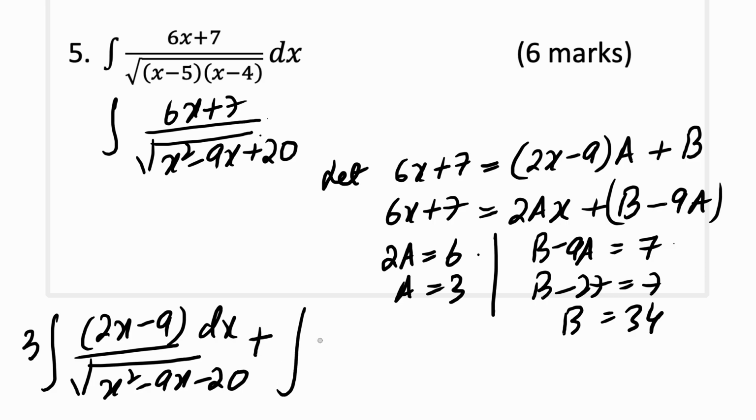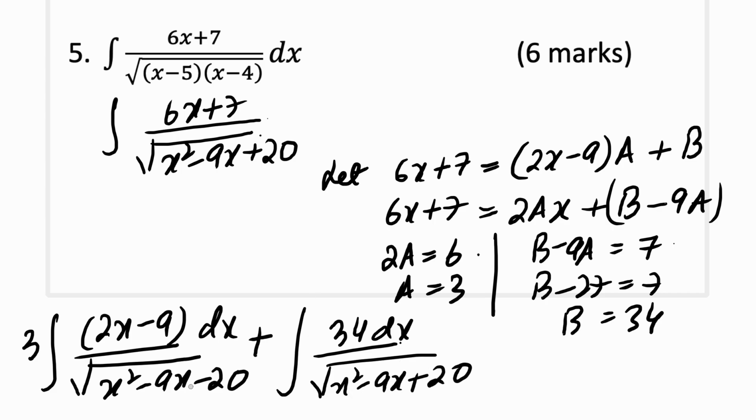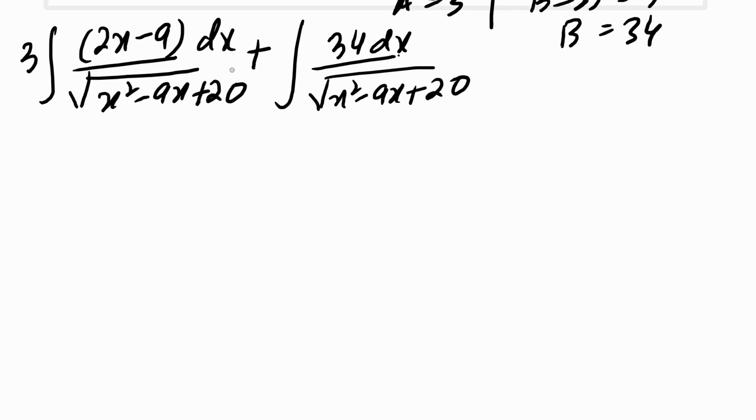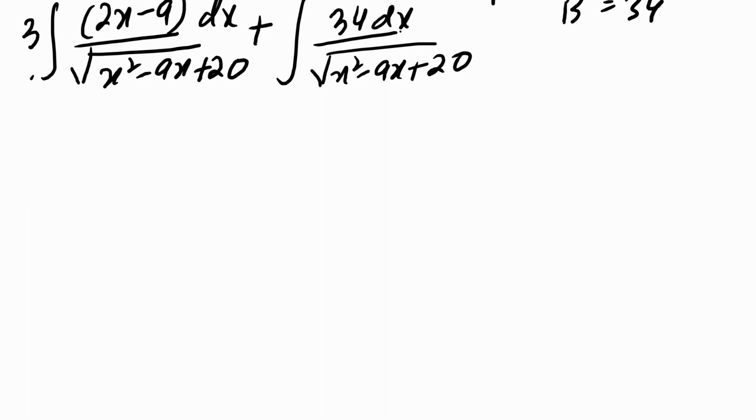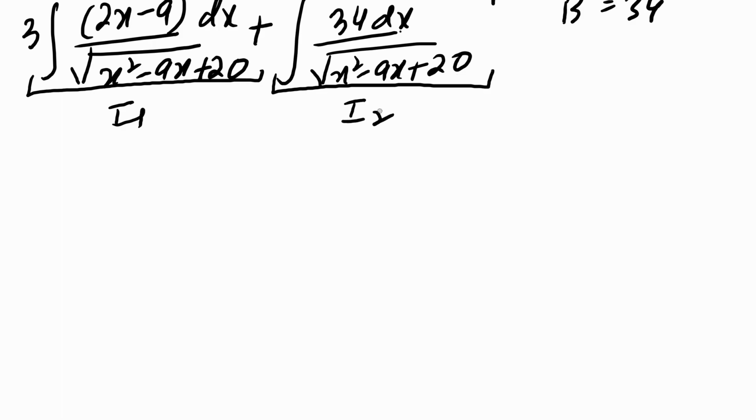We will write the other one as b was 34, so 34 upon under root x square minus 9x plus 20, dx. Now we'll take this as I1 and we'll take this as I2.